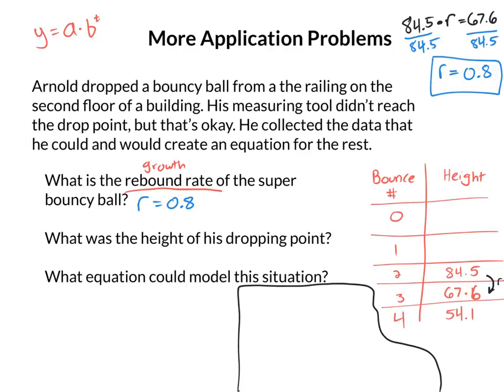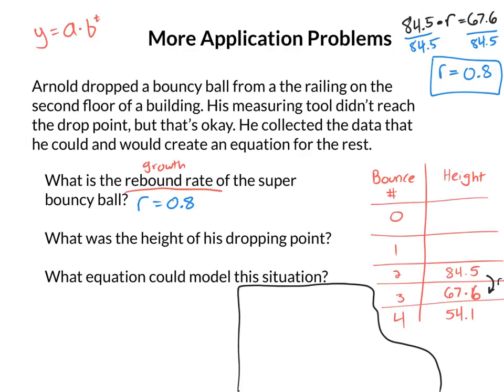So I know information here about when the bounce number is 2 and the height. The height in my equation up here represents y. My t is my bounce number. So I'm going to plug in information for 2.